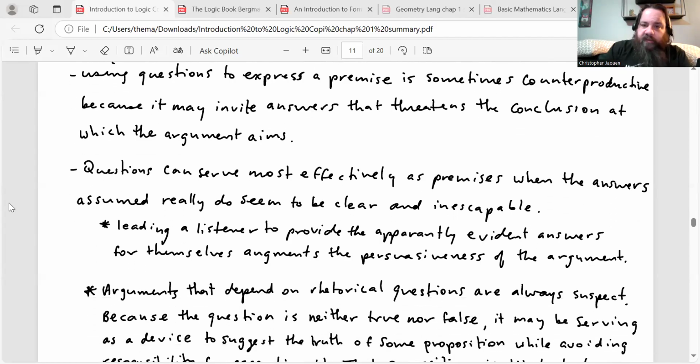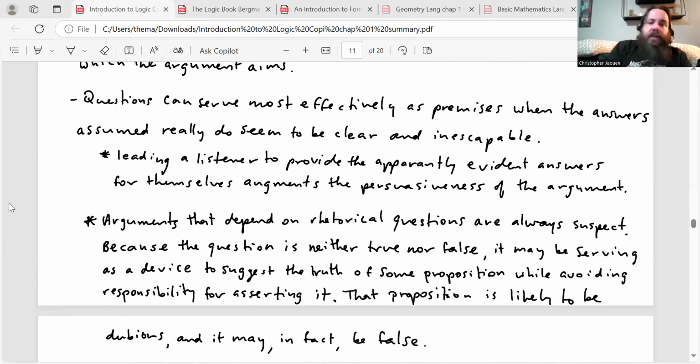Questions can serve most effectively as premises when the answers assumed really do seem to be clear and inescapable, leading a listener to provide the apparently evident answers for themselves. Leading a listener to provide the apparently evident answers for themselves augments the persuasiveness of the argument.